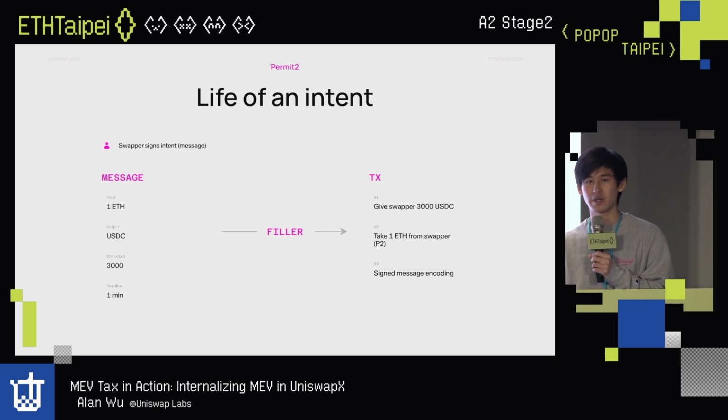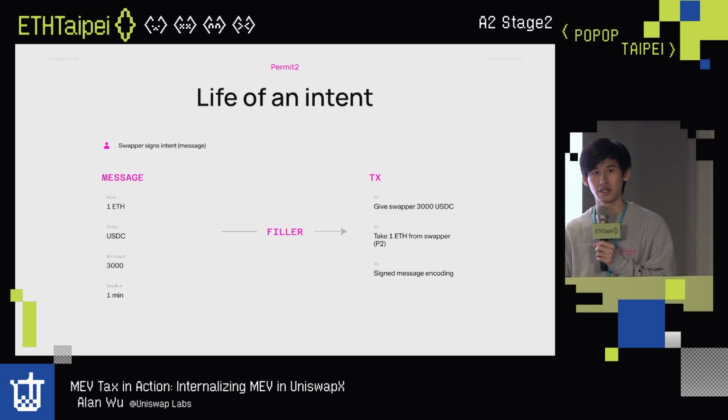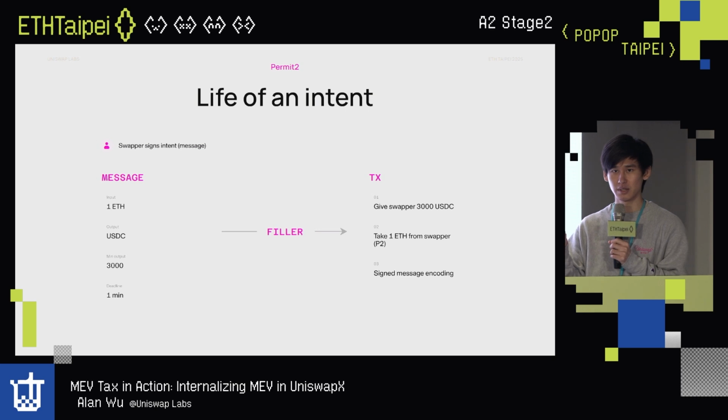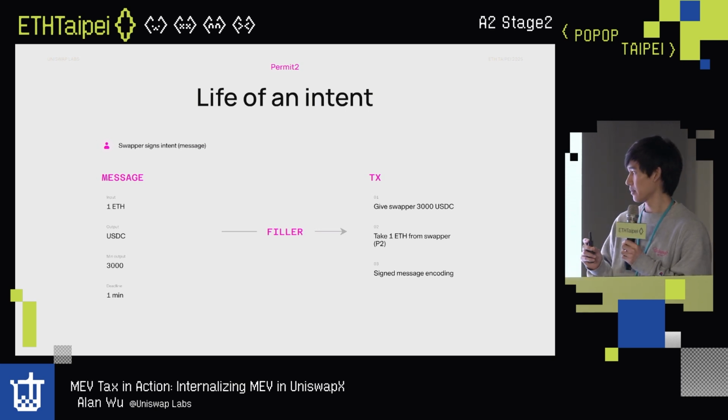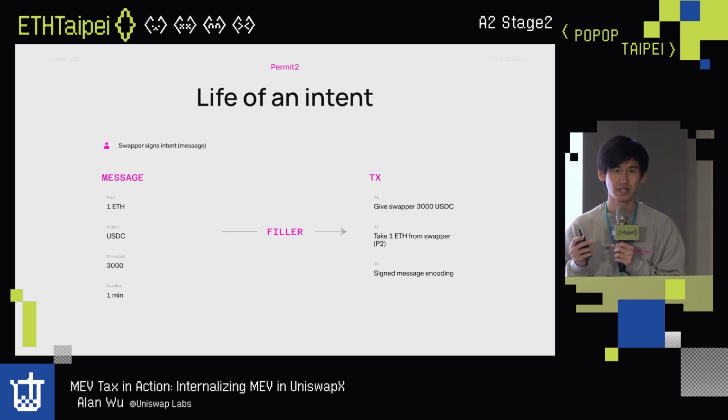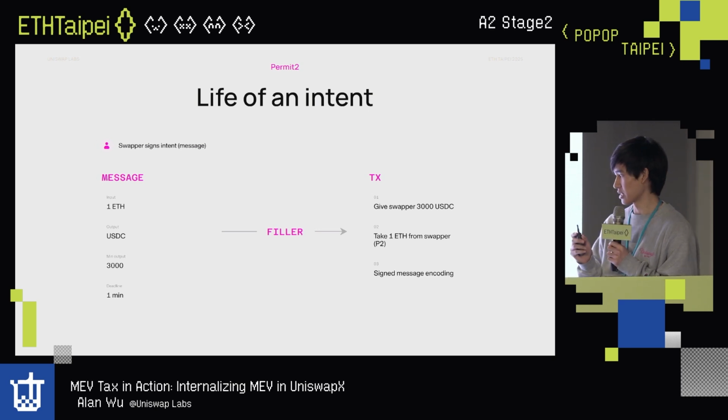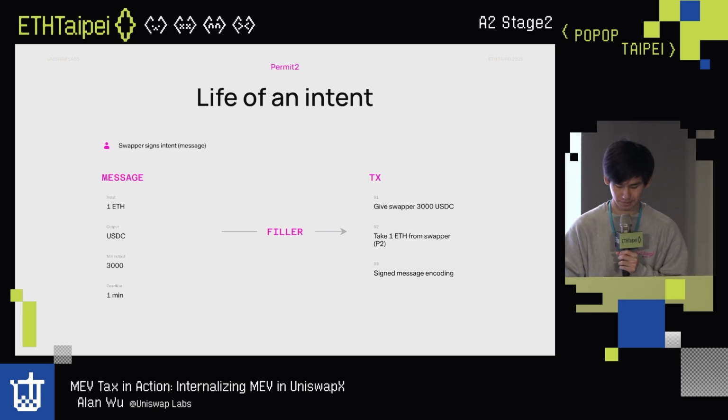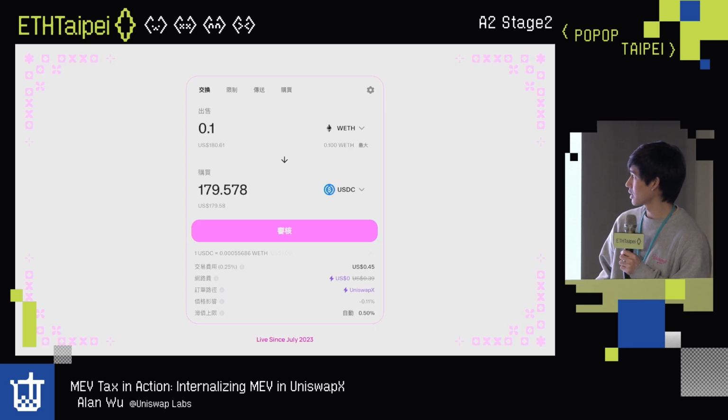And then in the same transaction, if they can meet those conditions, they can take your input. And so what happens is this trade is completed both ways atomically in a single transaction.